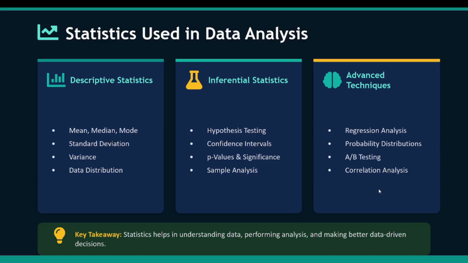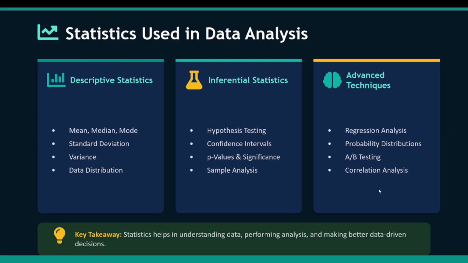The most commonly used descriptive metrics are the mean, median, and mode, which together give you a sense of the central tendency or the typical value in your dataset. The standard deviation and variance tell you how spread out or dispersed the data is around the mean. A low standard deviation means the values are clustered closely together, while a high standard deviation means the data is widely spread.